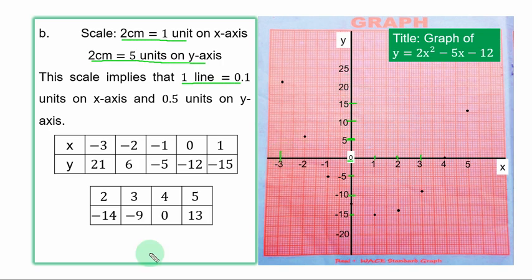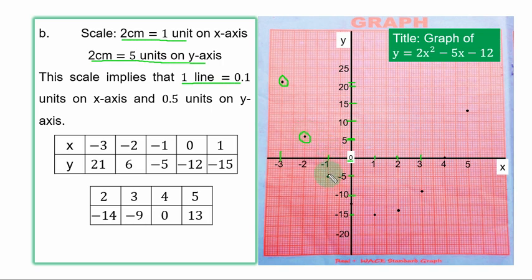So after 20, the next 2 lines is 21, and that is what you have here. The next point, when s is minus 2, y is 6. So after 5, the next 2 lines is 6, against minus 2. When s is minus 1, y is minus 5.